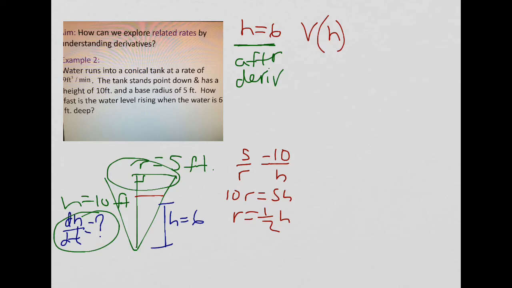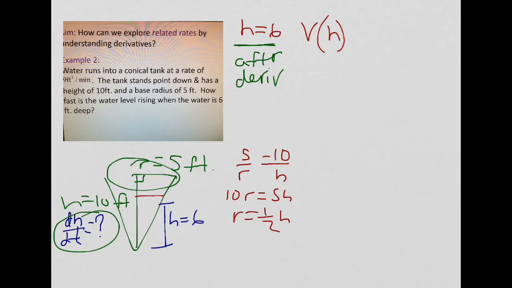If you remember option 1, we're trying to figure out dh over dt. There isn't anything else, like a d theta, so it must be just to find dh over dt. So again, keep that in mind.